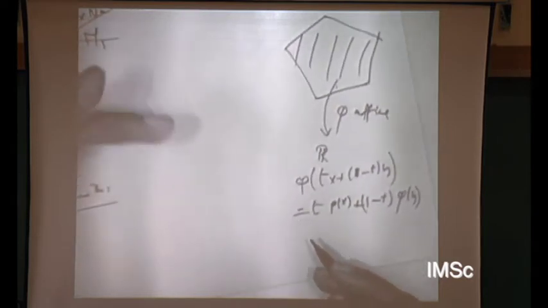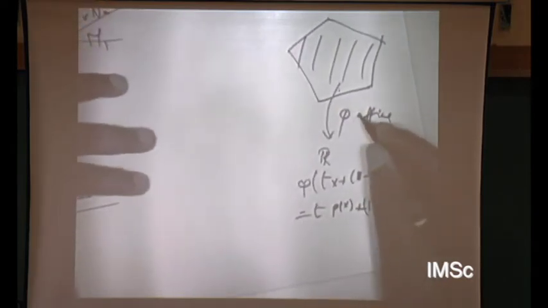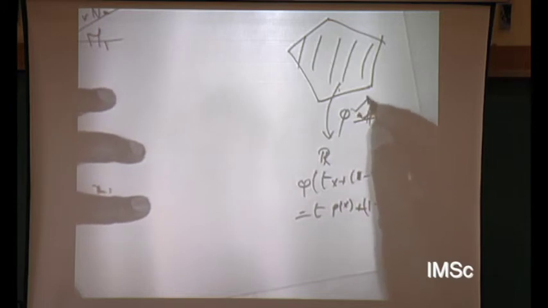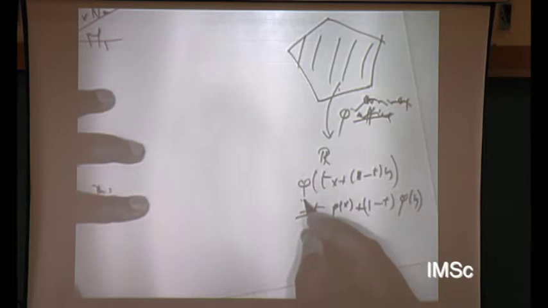Or it may not even be affine, maybe one is only looking at a convex function. Convex means you have a distance.